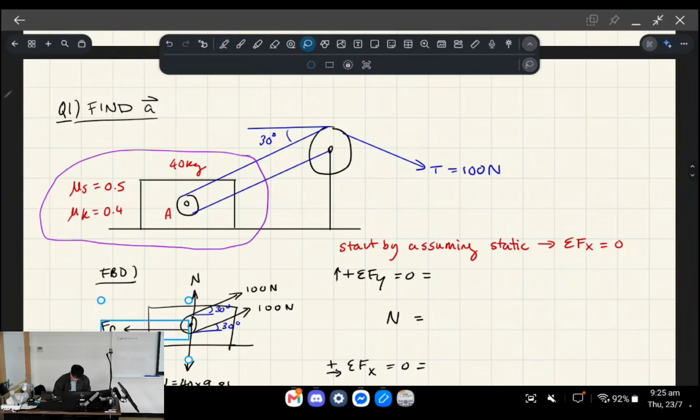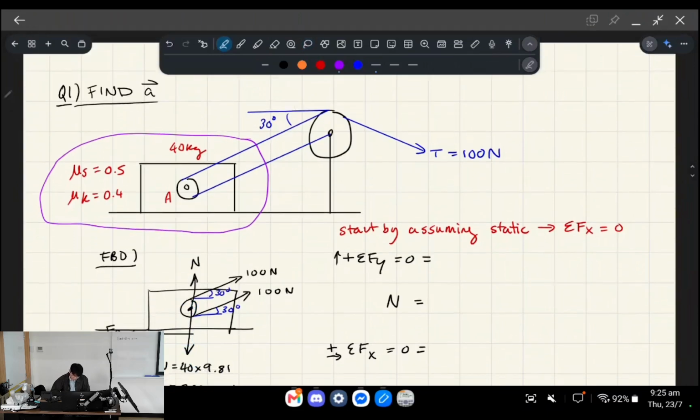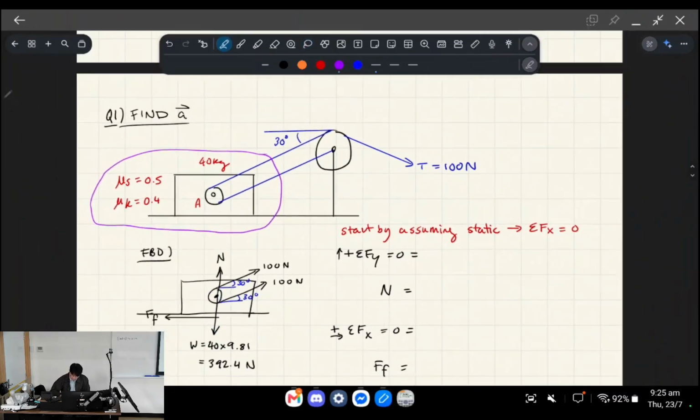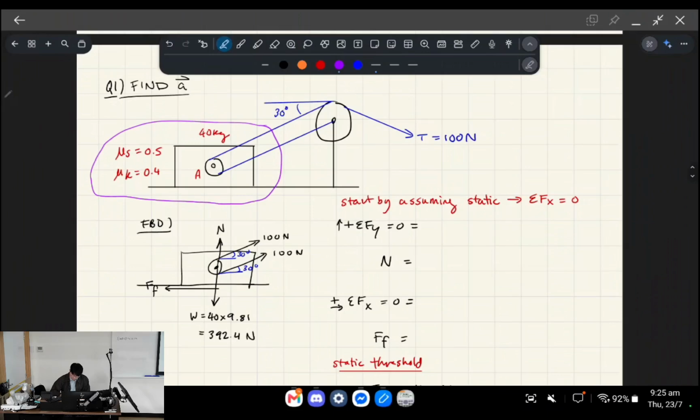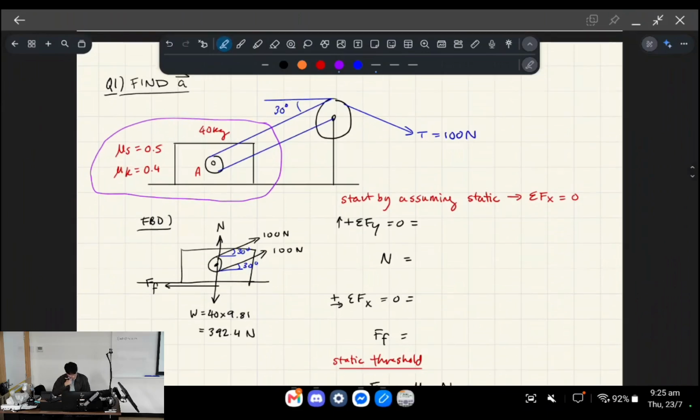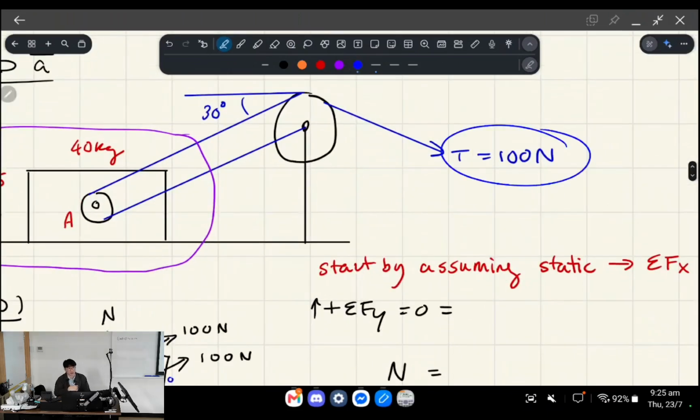I should draw the friction down here because it's more accurate. Yeah, so we're interested in that. And what we have to do is calculate the static friction threshold and check if the box is actually moving or not, right? Because we don't actually know if this amount of tension is going to cause the box to move. So we're going to have to compare that.